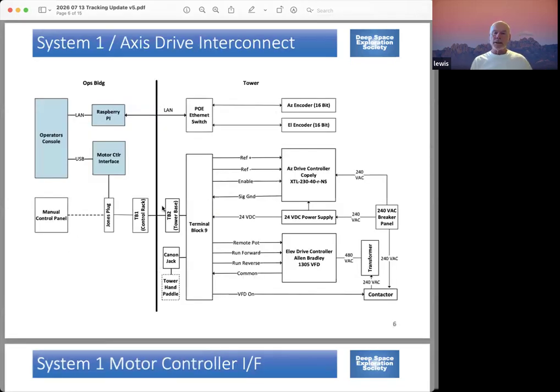So the next chart is really just to understand the cabling between the motor controllers and the various ways of controlling it. The motor controllers connect into this terminal block 9, which is in the upper area of the tower.